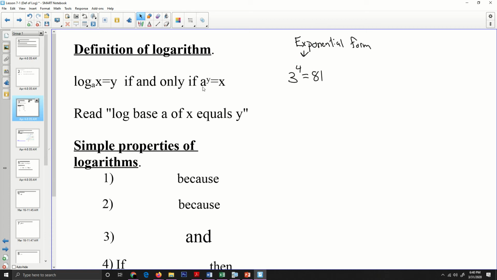And we can say the a is going to go there, so log of 3, x is that value there, so it matches up to the 81.